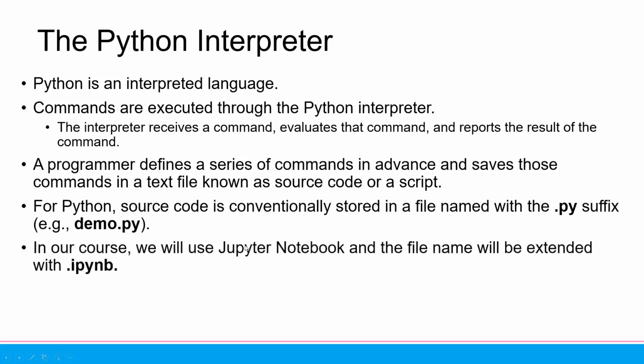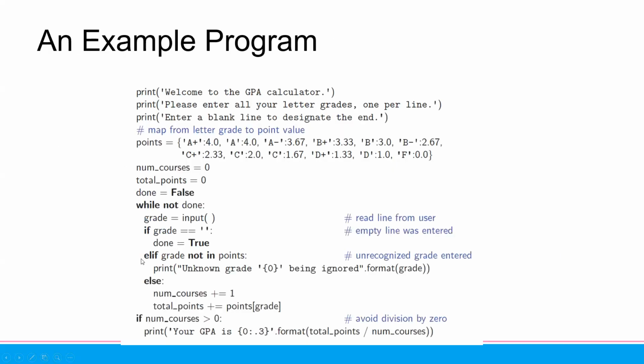So in this course, we will use the Jupyter notebook, and the file name will be extended with .ipynb. So this is an example of a program. Okay. So we are going to learn one by one how to define this one, print, and what is the meaning of this, and what is while, what is if, else if, and so on.